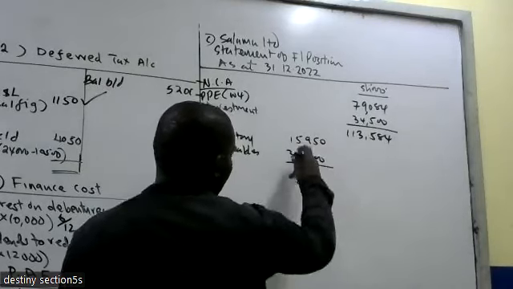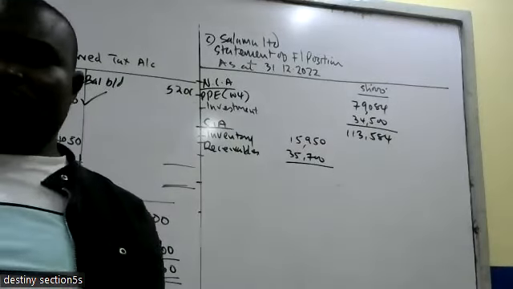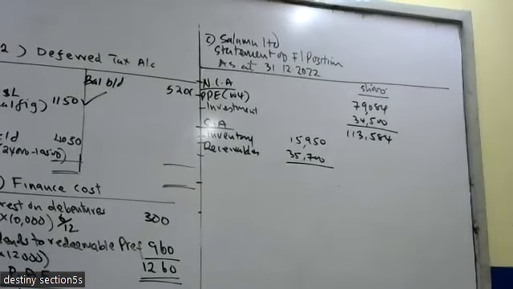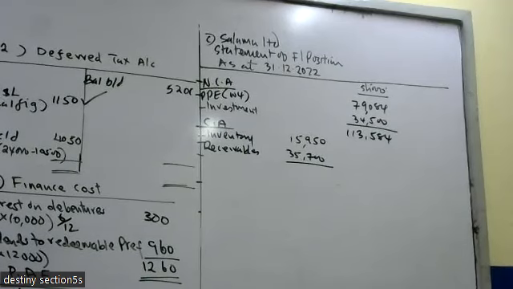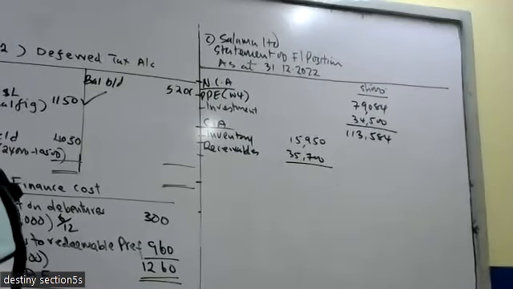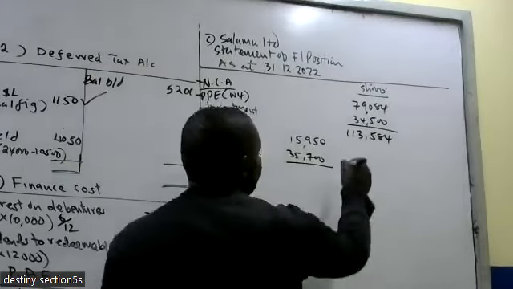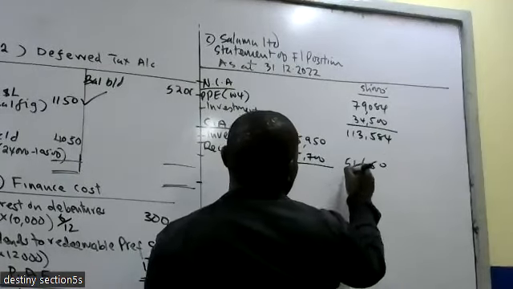So add these two. 15 plus 35 will give us how much? 51,650.